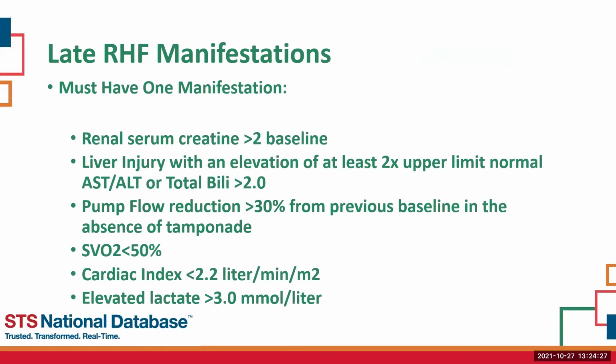And the manifestations are renal, serum creatinine greater than 2 above baseline; liver injury with an elevation of at least 2 times the upper limit of normal of their AST, ALT, or total bili greater than 2; pump flow reductions greater than 30% from previous baseline in the absence of tamponade; your SVO2 less than 50%; cardiac index less than 2.2 liters; or an elevated lactate greater than 3.0.